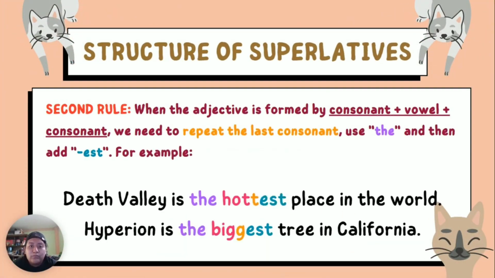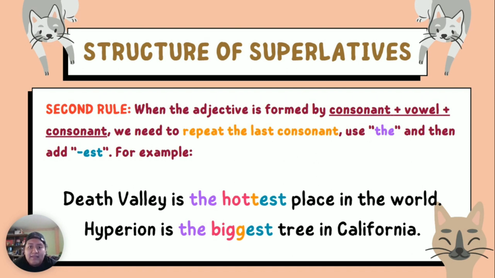Second rule. When the adjective is formed by consonant plus vowel plus consonant, we need to repeat the last consonant, use the, and then add est. For example, that valley is the hottest place in the world.